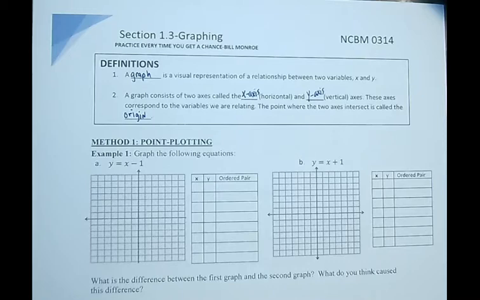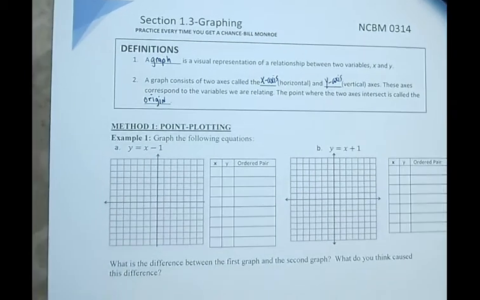A graph is a visual representation of a relationship between two variables x and y. A graph consists of two axes called the x-axis, which is the horizontal line, and the y-axis, which is a vertical line. These axes correspond to the variables we are relating. The point where the two axes intersect is called the origin.